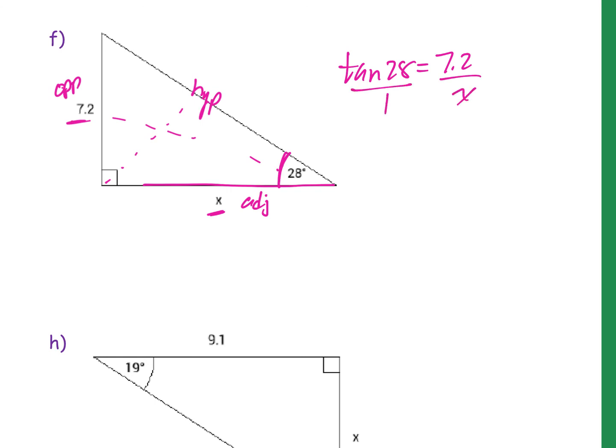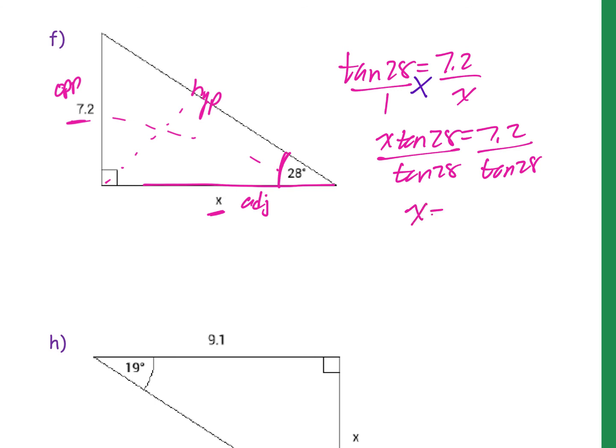Cross multiply. And I'm going to get x tangent of 28 equals 7.2. Divide by tan of 28. So x is going to be approximately equal to 3.82.